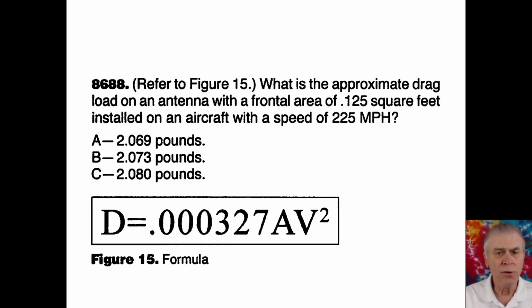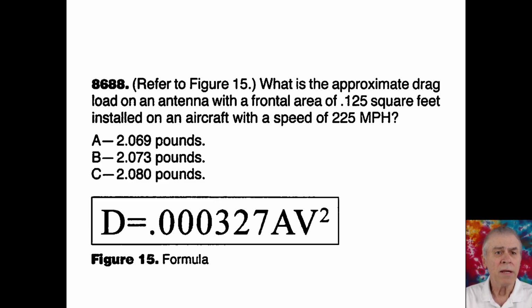What I usually like to do is the square first, the 225 times itself, or 225 squared. You'll get a fairly large number, 50,625. Multiply that by area, 0.125. Now we're down to about 6,300.